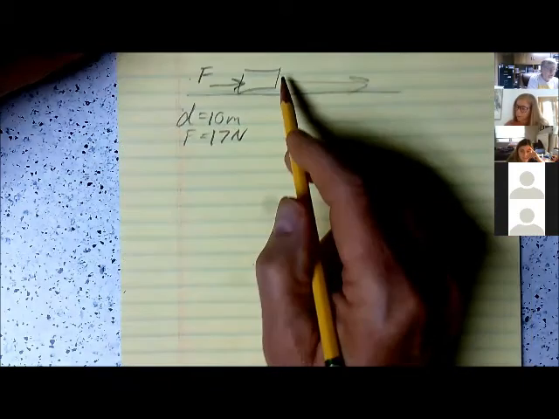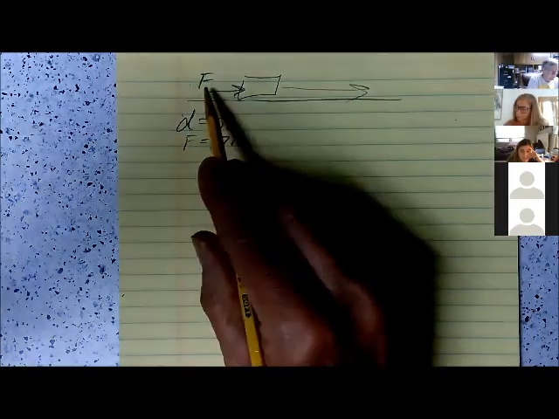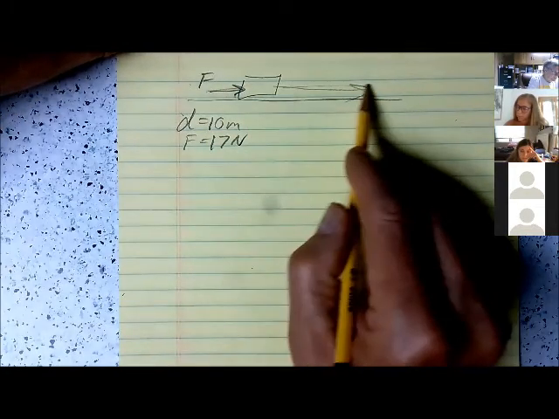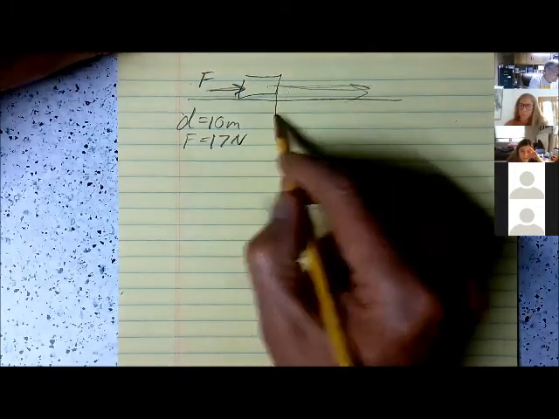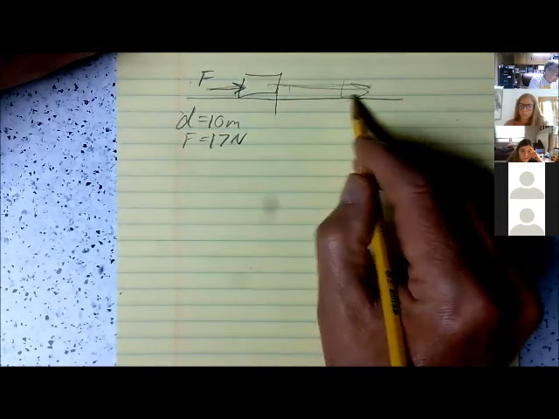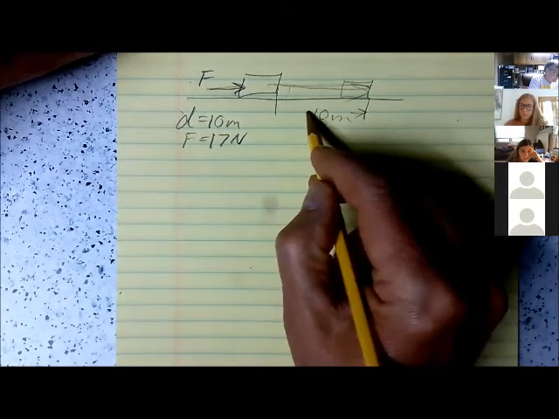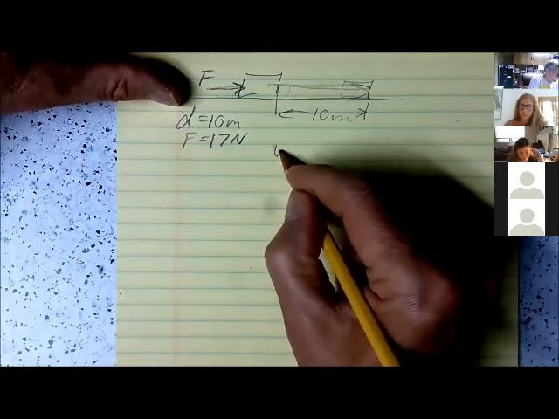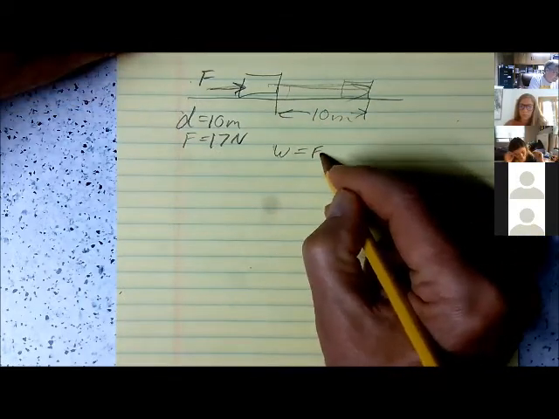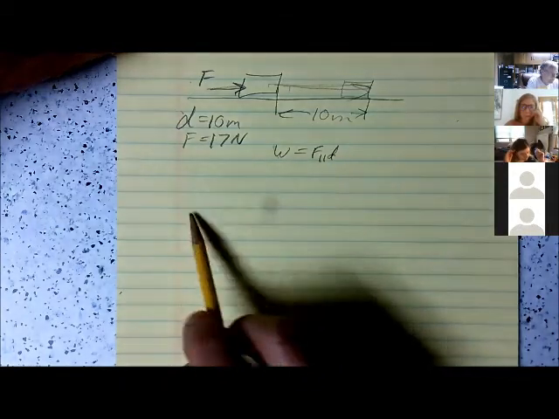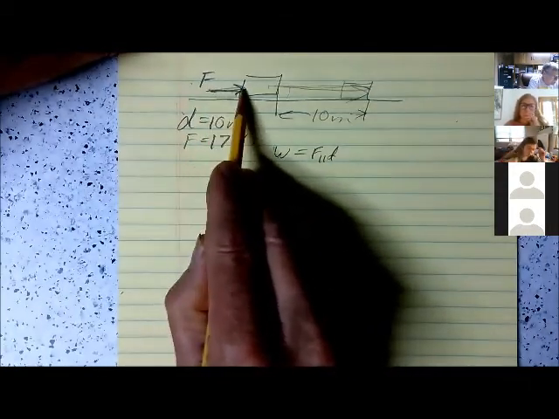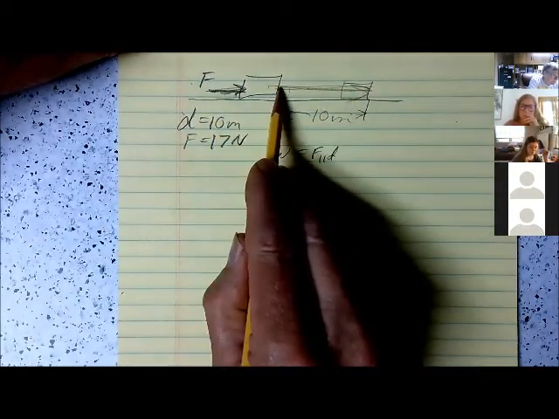Okay, so you got the cart. You get a horizontal force, you're pushing it, and the cart is moving 10 meters. Our formula for the work done is equal to force parallel times distance. I tried to draw this with the force parallel to the distance being moved.